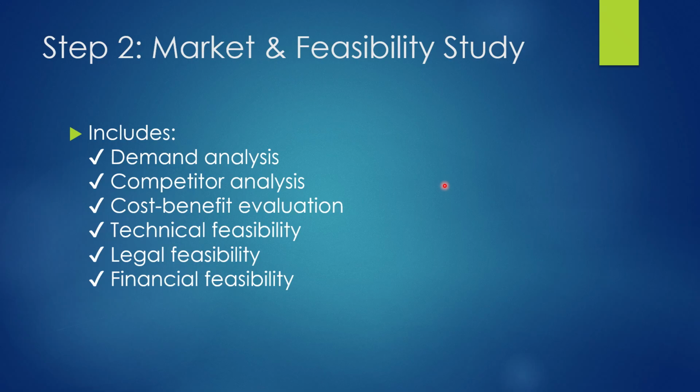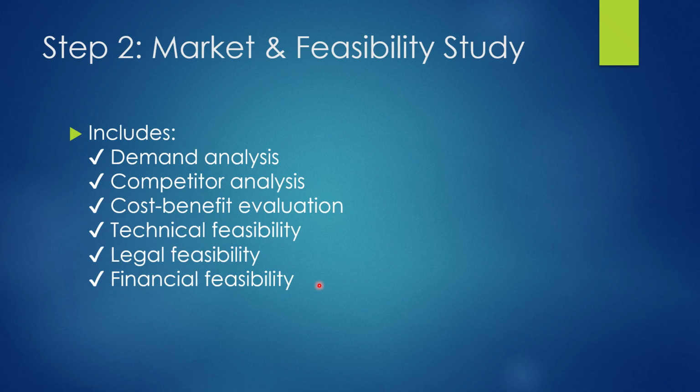Then we look at technical feasibility, which includes assessing technology requirements, equipment, and operational processes. Moving on to financial feasibility, wherein we estimate the cost, revenue, break-even point, profit projections, and the funding needs.